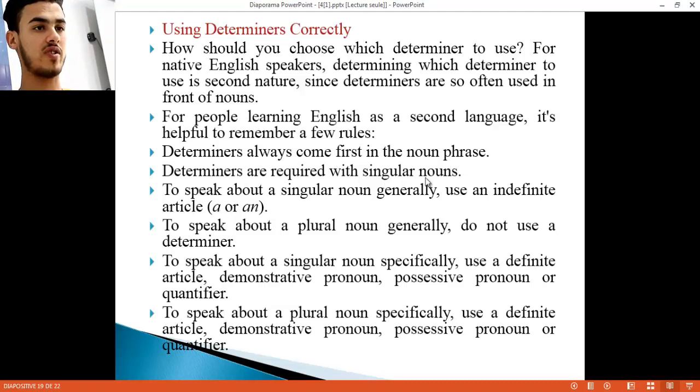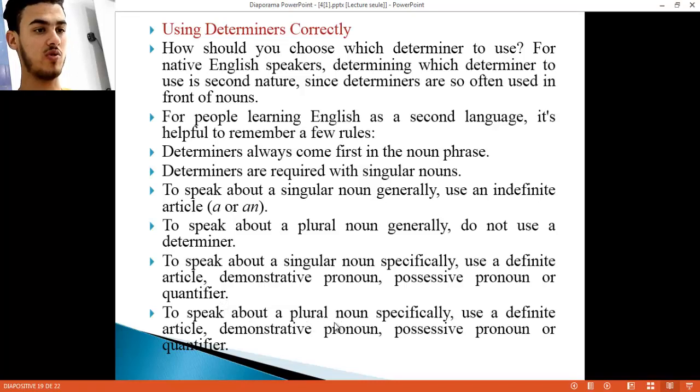Determiners are required with singular nouns. To speak about a singular noun, generally use an indefinite article, a or an. To speak about a plural noun, generally do not use any determiner, as we have mentioned before. To speak about a singular or plural noun specifically, use a definite article, demonstrative pronoun, possessive pronoun, or a quantifier to point at it or to talk about it specifically.